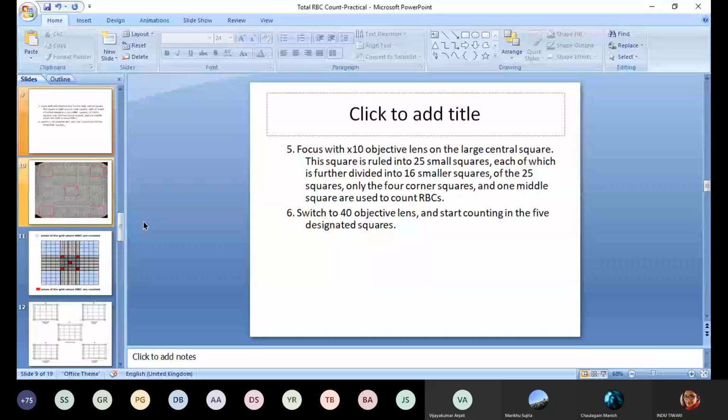and you can start counting the squares. All of you know that within the Neubauer's chamber, you've seen this before, yes? Yes or no? This has been explained before. Yes? Yes, ma'am. Students, yes or no?